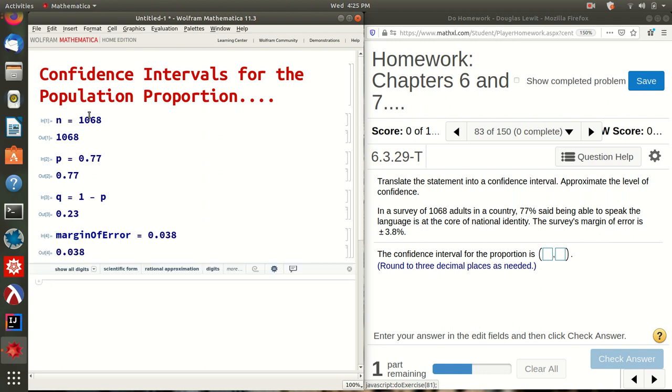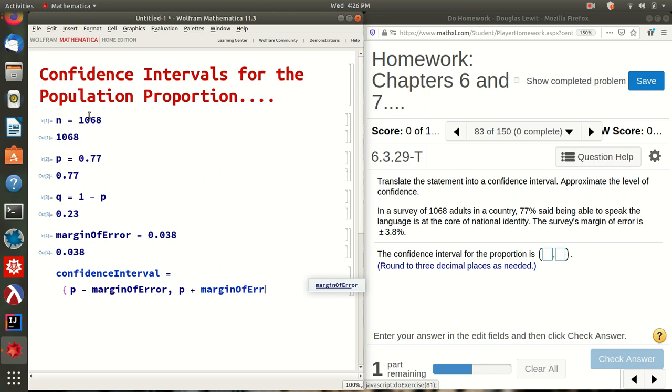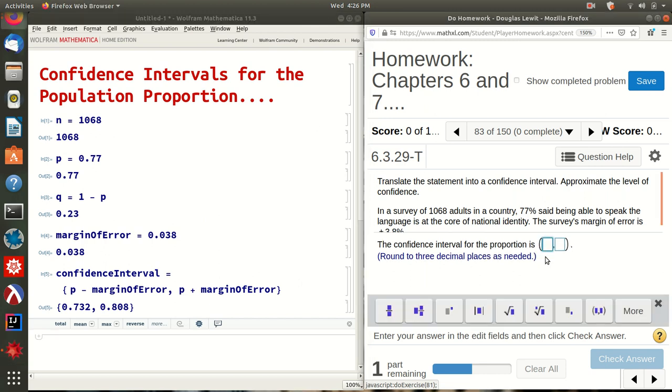So my confidence interval is simply going to be p minus margin of error, p plus margin of error, and those numbers are 0.732 and 0.808.